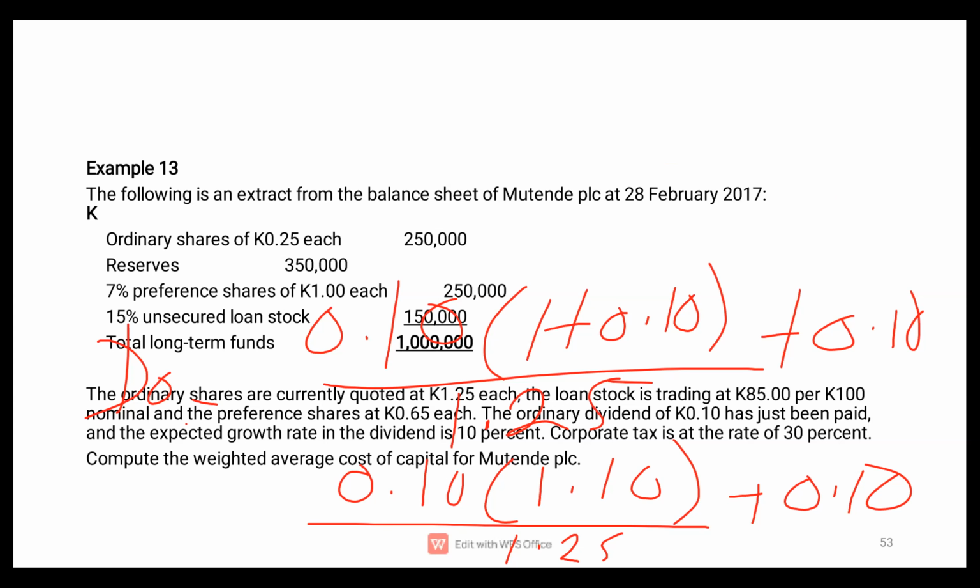All right. So what do we have? 0.10 times that divided by 1.25. What do you find? 0.10 times 1.10. Should be 10, isn't it? 0.088.